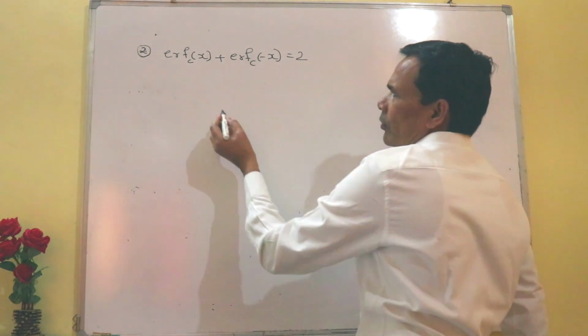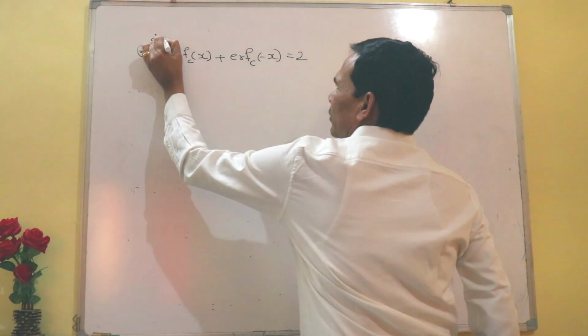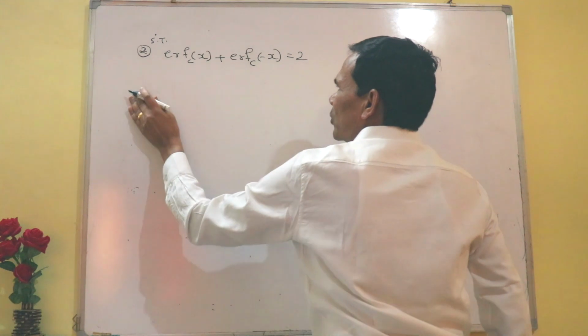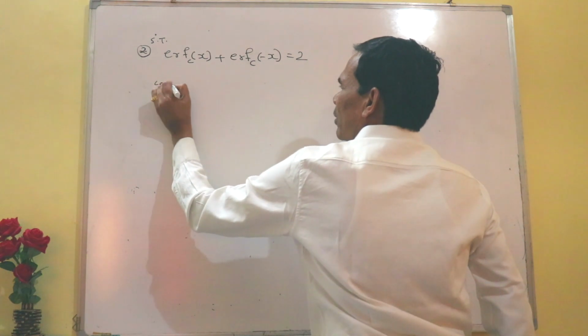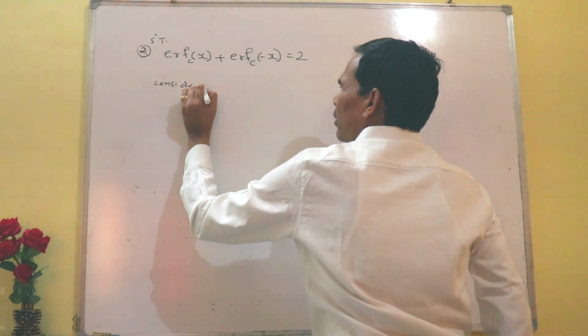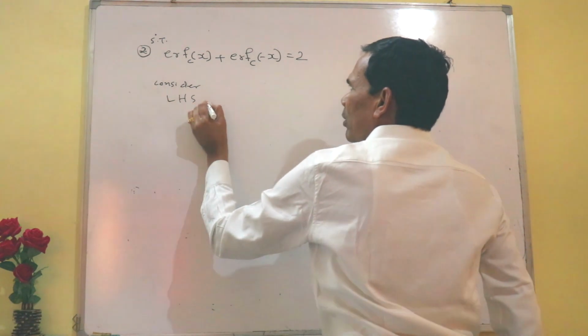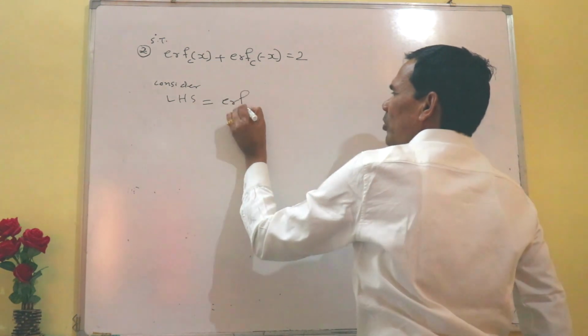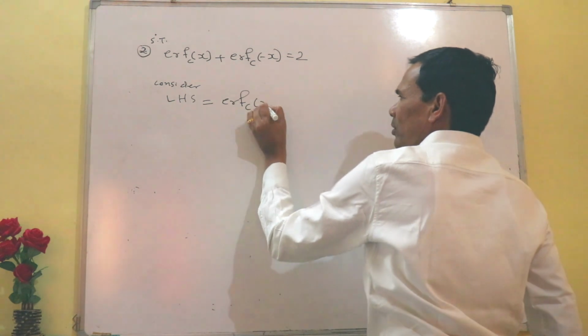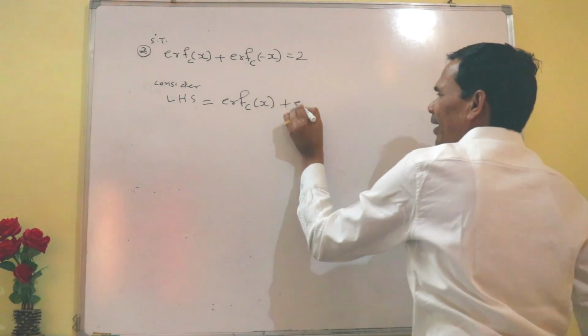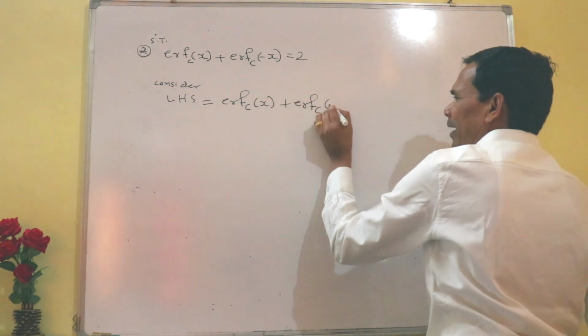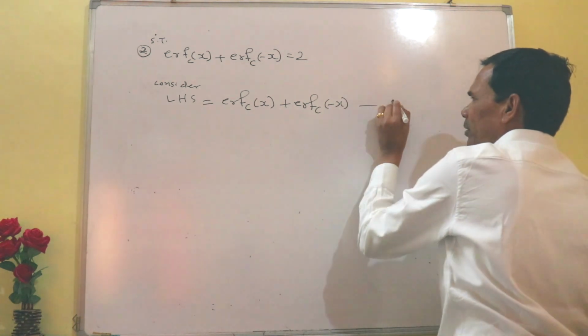So we can prove this, show that it is. I consider the LHS: the error function of x plus the complementary error function of minus x. I call this 1.